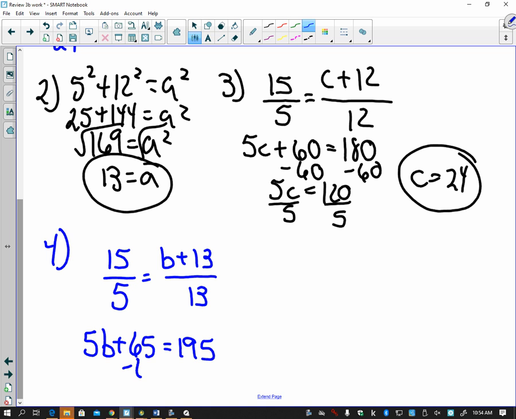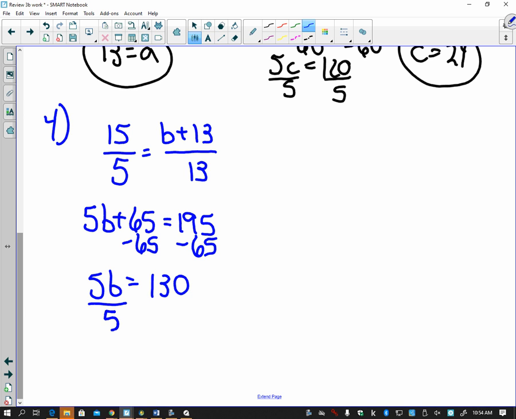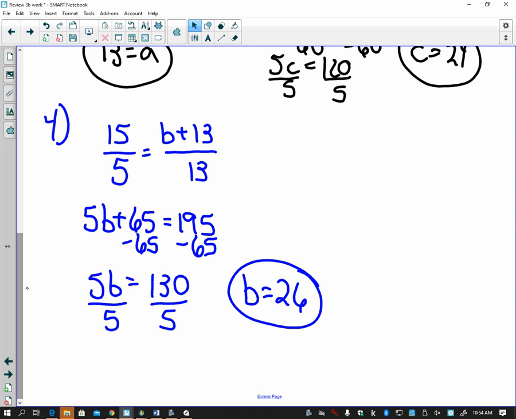Subtract 65 from 195, you should get 130. So I got 5B equals 130. Divide by 5. You said B equals 26. There's your A, B, and C.